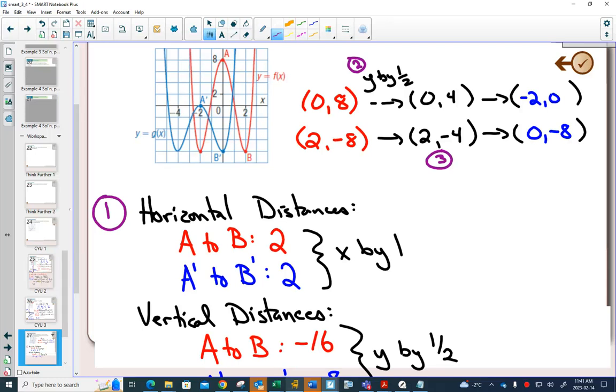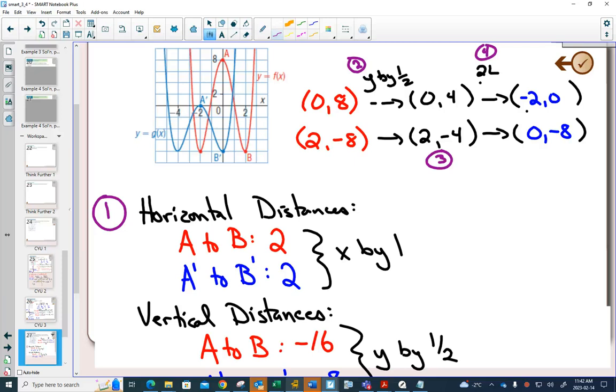And once you have that first set of arrows done, now it's really easy to look above this last set of arrows and say, well, what has to happen? Is there something easy, a horizontal translation, that would take me from 0 to -2 and 2 to 0? Yes, that would have to be 2 left. Is there an easy translation to go from 4 to 0 and -4 to -8?